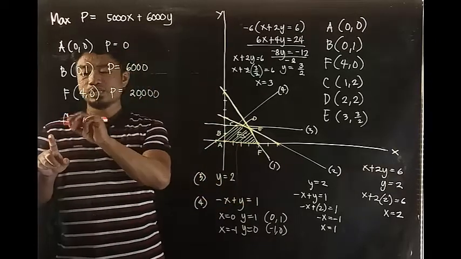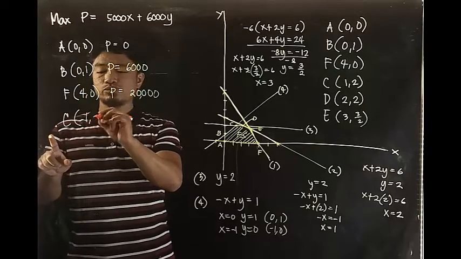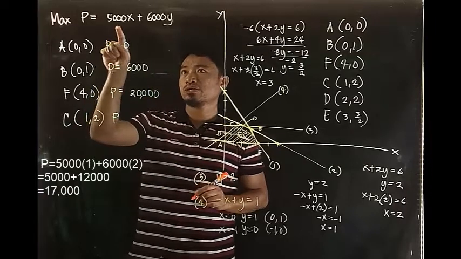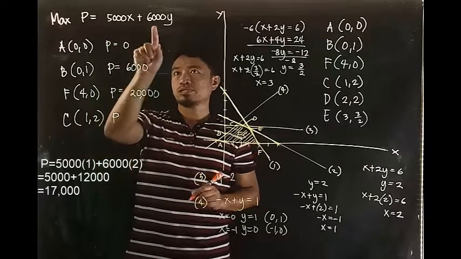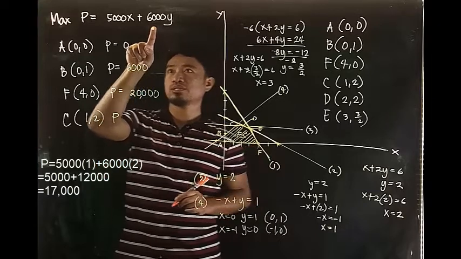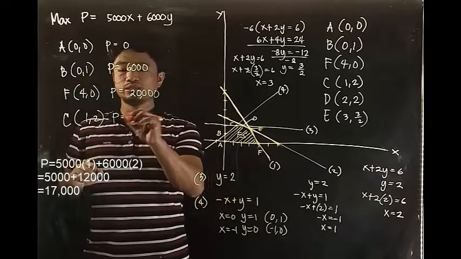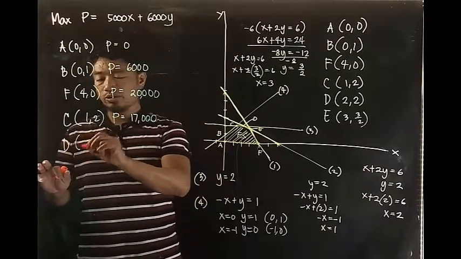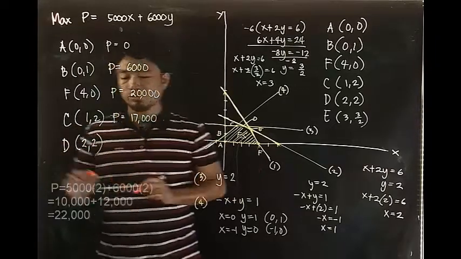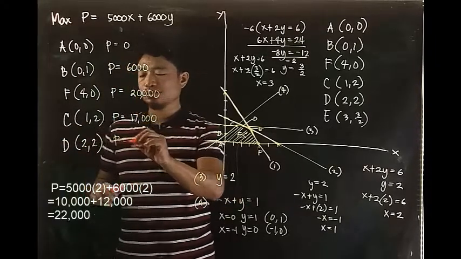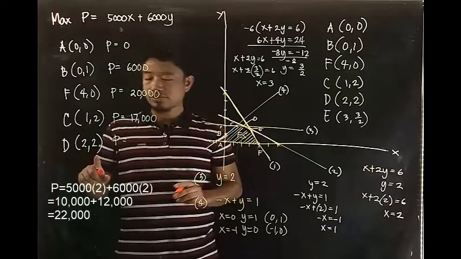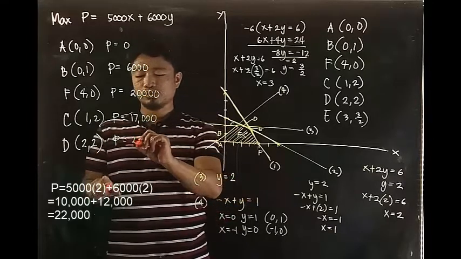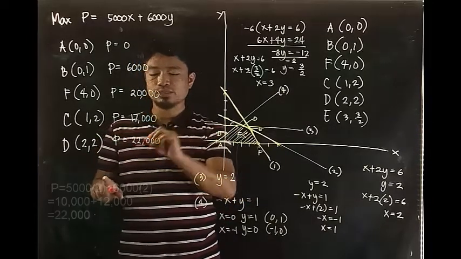And at point C, that's (1, 2), the value of p is 1 times 5,000 is 5,000, plus 2 times 6,000, that's 12,000. So all in all, that is 17,000. And at point D, the coordinates are (2, 2), so the value of p is 2 times 5,000, that's 10,000, plus 2 times 6,000, that's 12,000, so a total of 22,000.